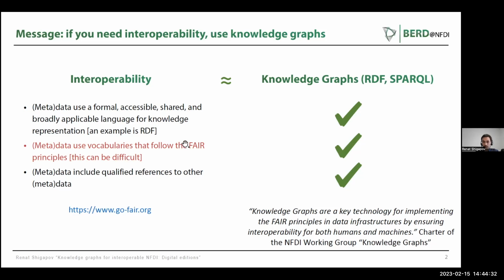But if you use knowledge graphs, you can fulfill all of these conditions. Knowledge graphs are a key technology for implementing the FAIR principles in data infrastructures by ensuring interoperability for both humans and machines, says our charter of the NFDI working group knowledge graphs.